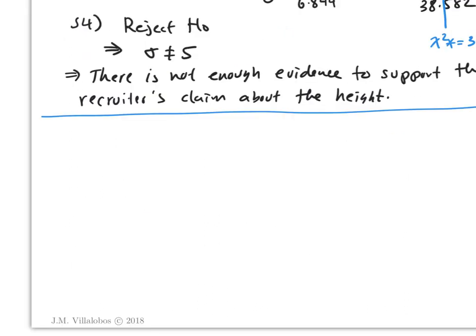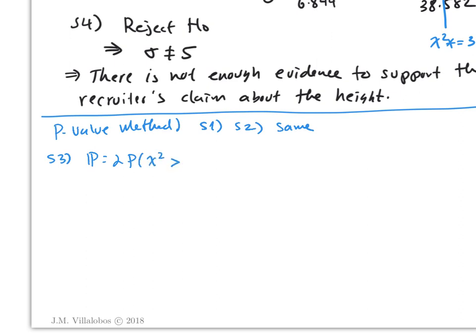Okay, what about the p-value? Remember that for the p-value method, it's the same story as before. Step 1 and step 2 are the same. So for step 3, the p-value will be twice the probability that chi-square is greater than chi-square star.